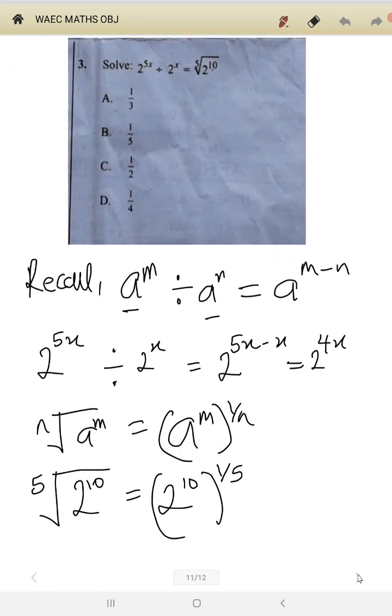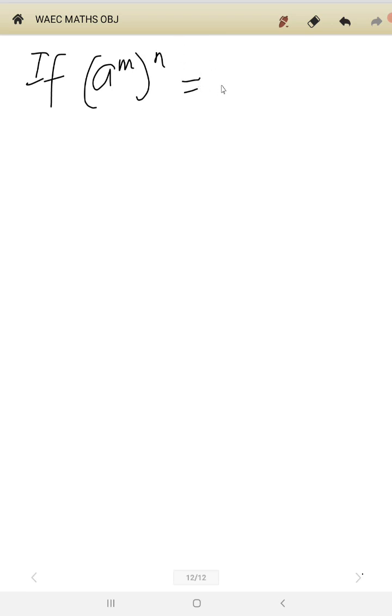The law of indices says that if a raised to power m is raised to power n, it lets us know that a raised to power m times n is equal to a raised to power m in bracket, raised to power n.